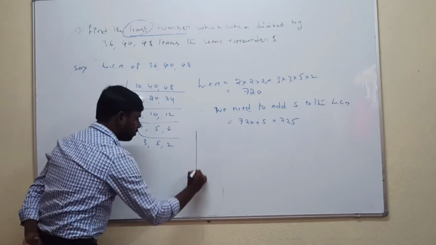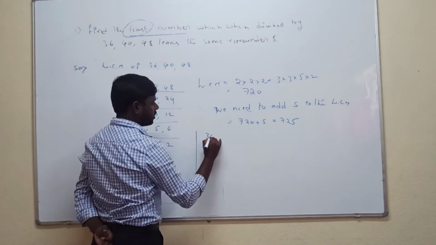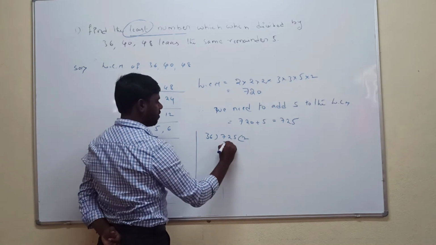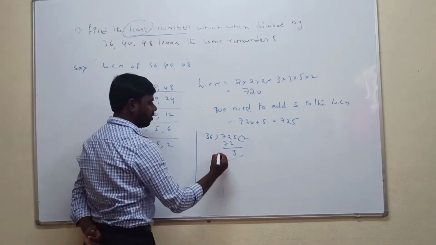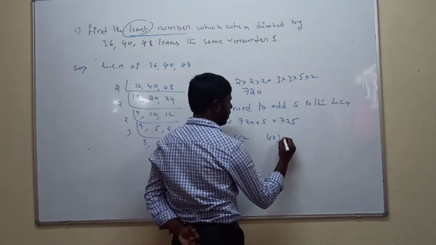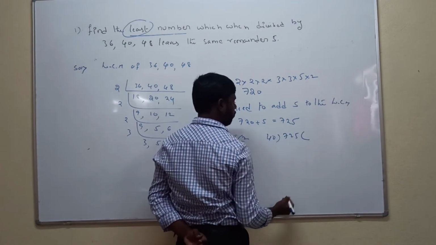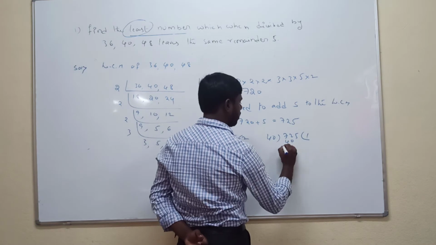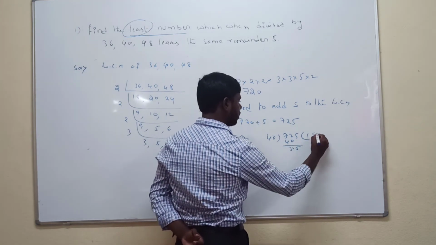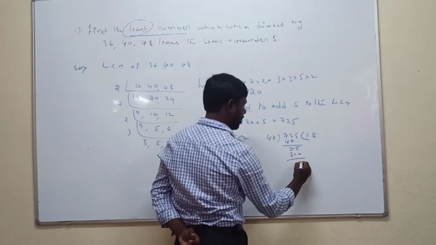So observe. 36 into 20 is 720, the remainder is 5. The next number is 40. 40 into 18 is 720, the remainder is 5.